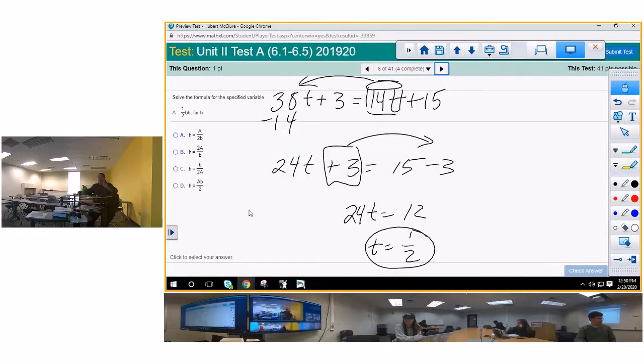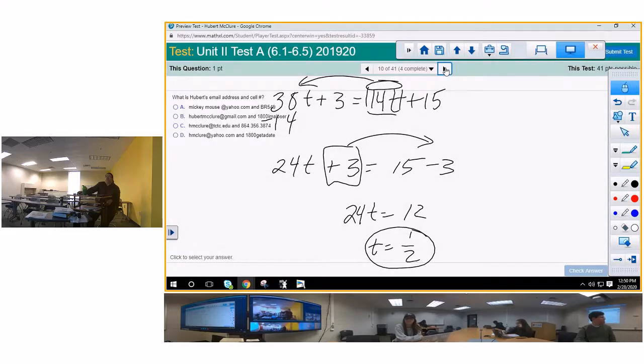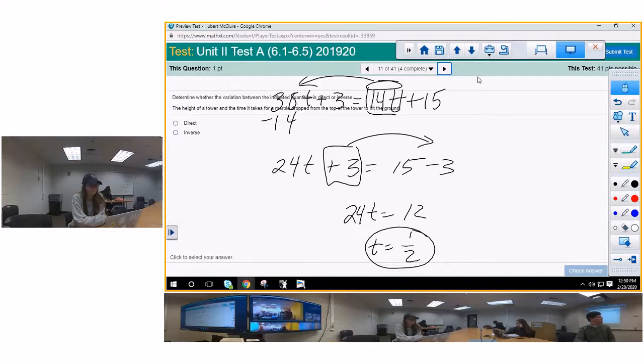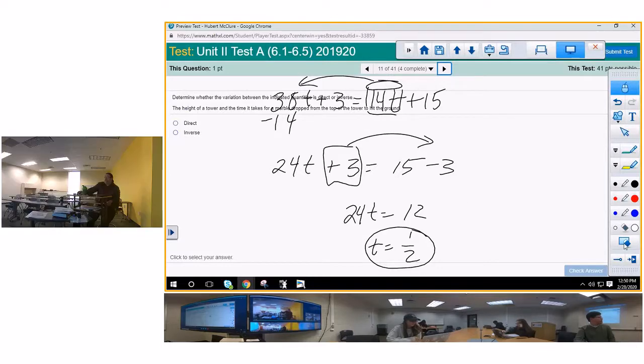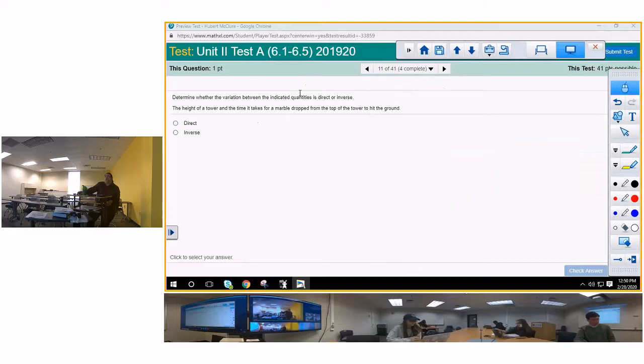Okay, we did one like that. Okay, let's see what this says. It says determine whether direct or inverse. The height of a tower and the time it takes for a marble dropped from the top of the tower to hit the ground.